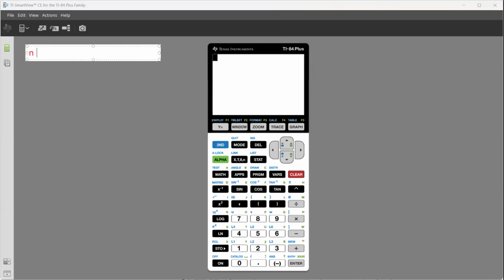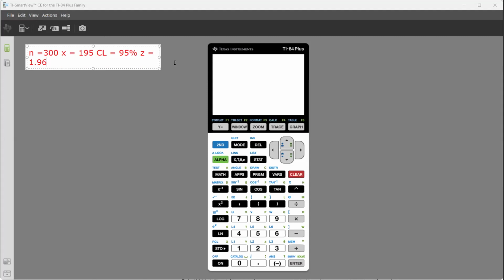So N was 300, X was 195, our confidence level was 95%, and our Z alpha 2 is 1.96.